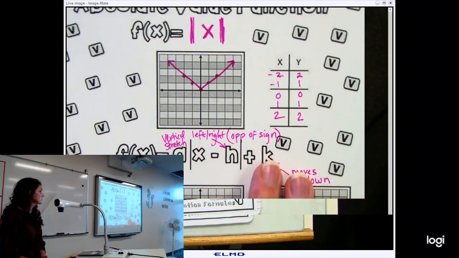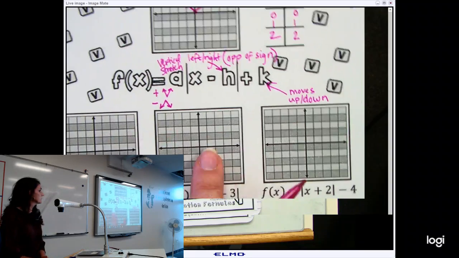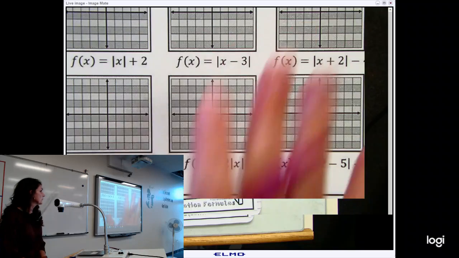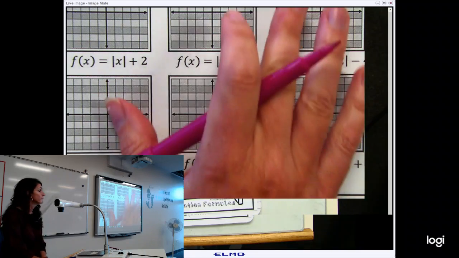So if we have this parent function memorized right here, my hope is to get through these 6 graphs on this paper pretty quickly using our shortcut method, okay?